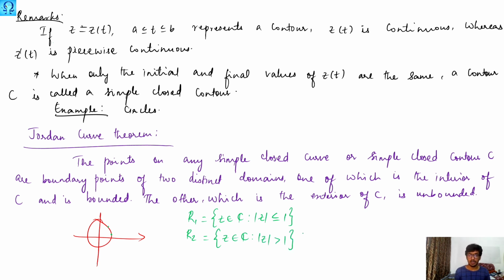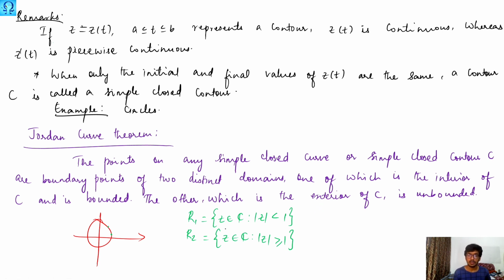Either we may consider this way or we may include 1 in the second case and exclude it in the first case. These two are the possibilities. Of course, this is the thing that is said in this theorem. So these will be the boundary points for both the regions, the domains or regions that we have considered.